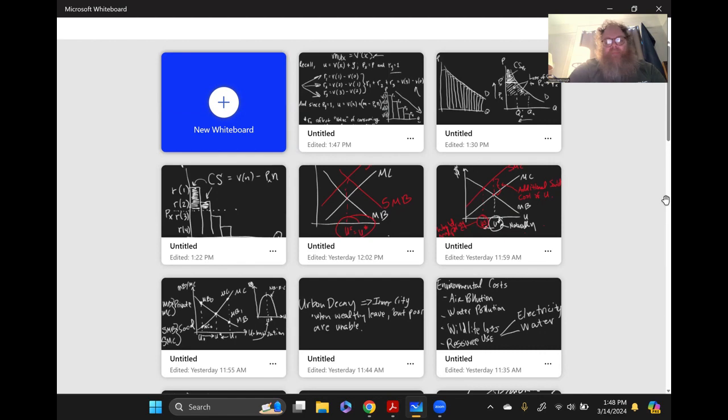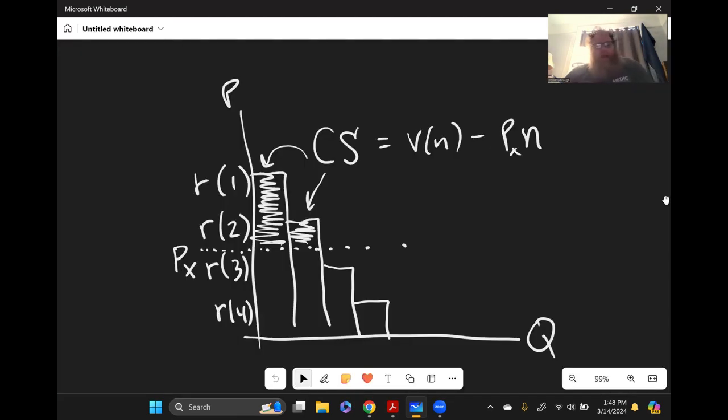So the basic idea of consumer surplus can be illustrated in this particular graph. So we have the bars representing the reservation prices, R1, R2, R3, and R4. And then we have a price.